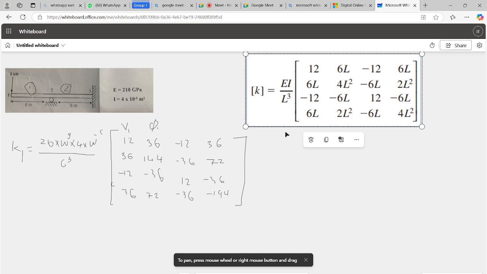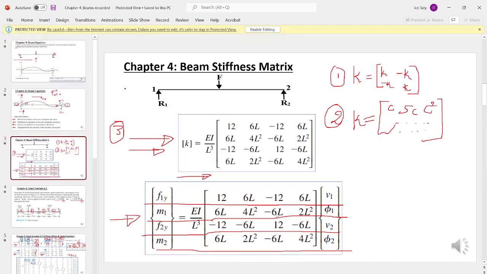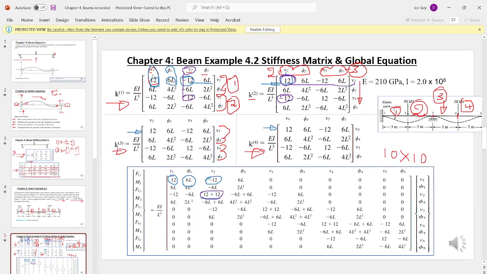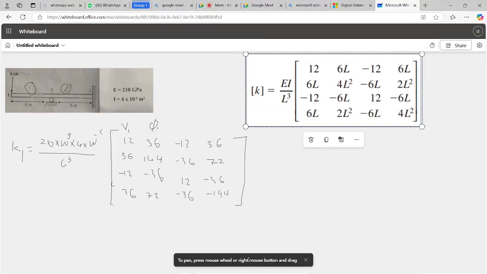Let me show you the formula to see what I'm talking about. For each element, for instance here, you have V1, phi 1, V2, phi 2, where V stands for the force and phi stands for the angle. What do I mean by that? The force simply means that you see this thing applied here is the force. As you apply the force, this thing will bend through a certain angle that creates a moment.